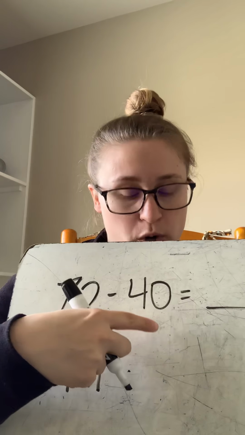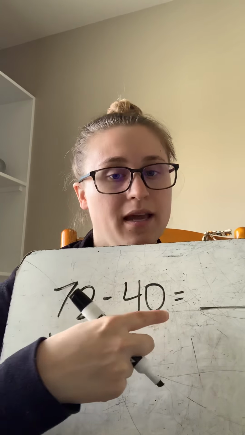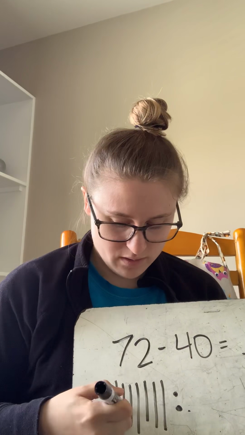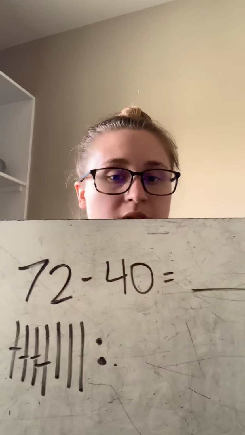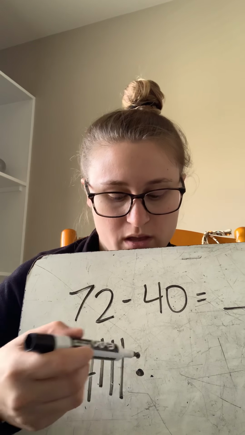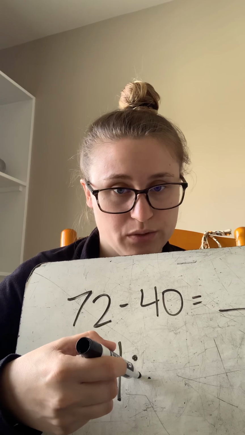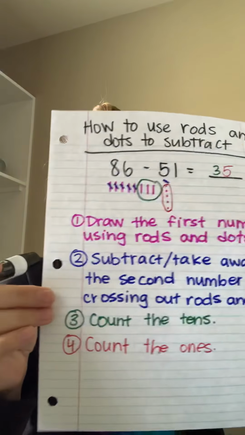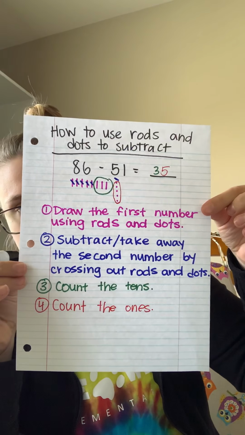I know that 40 is 4 rods and 0 dots. So I'm going to take away 4 rods. 1, 2, 3, 4. Now I need to count what I have left. So I have 10, 20, 30, 31, 32. So 72 minus 40 equals 32. And here is that anchor chart one more time, just in case you need it.